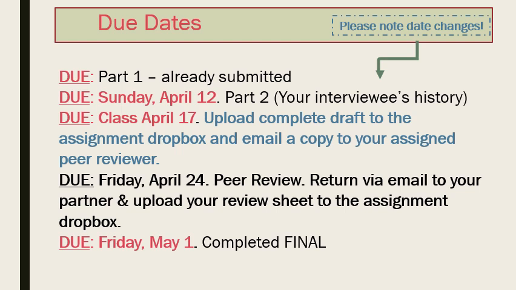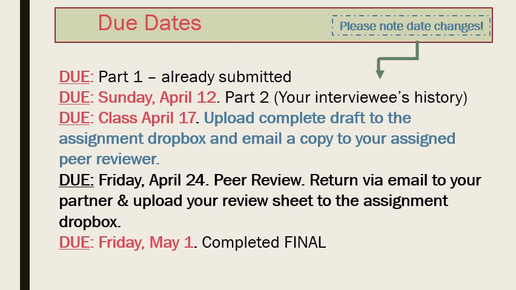Now, that does not mean that once you've submitted your final that you can just sit around and wait. You need to be working on this on your own while you are waiting for feedback from both your peer and from myself. What you're going to want to do is pull out that rubric again, review your paper. You might ask somebody else, maybe a family member or someone that you trust with regard to sharing your writing.